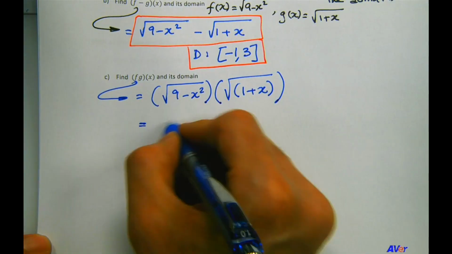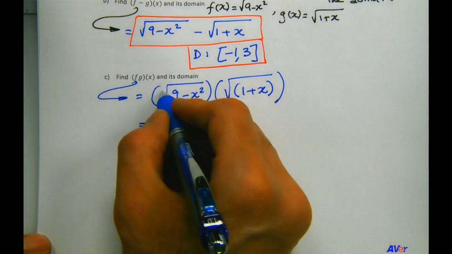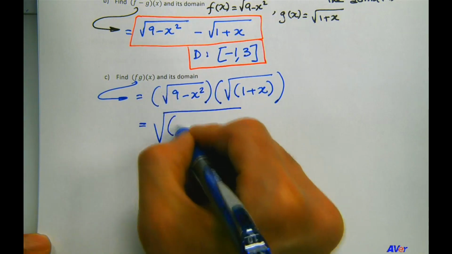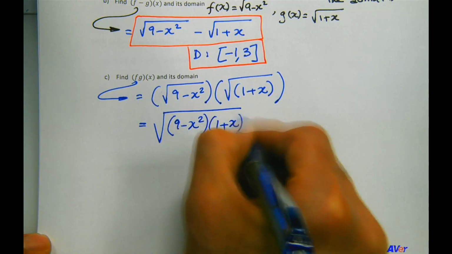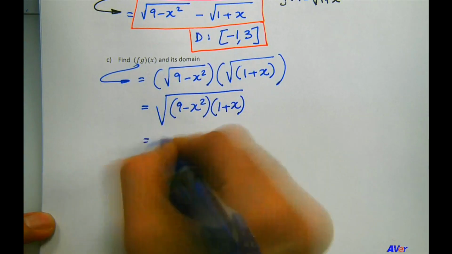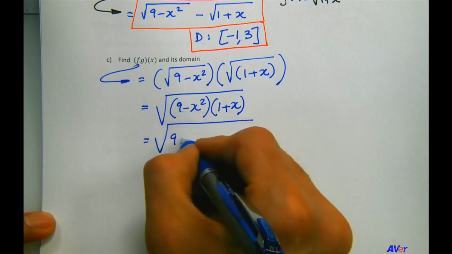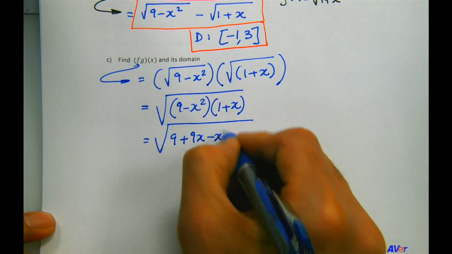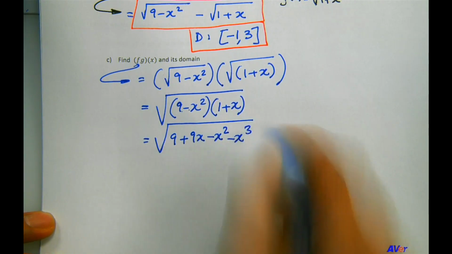What do we have? We know that if the indices or the roots are the same, we can multiply the inside. That means we can do 9 minus x squared times 1 plus x. Let's simplify the inside. I'm going to FOIL it. So we have square root of 9 times 1 is 9. 9 times x is 9x, minus x squared, and minus x cubed.